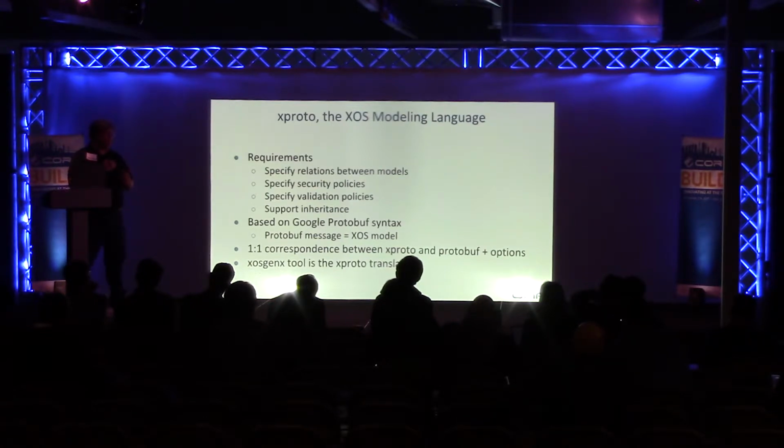And we added some additional syntax so that our syntax is very much like protobuf, but has this additional sugaring to allow you to express more stuff. At the same time, we kept a one-to-one correspondence between our sugared syntax and plain ordinary protobuf with ordinary protobuf options. So you can always convert between one or the other.